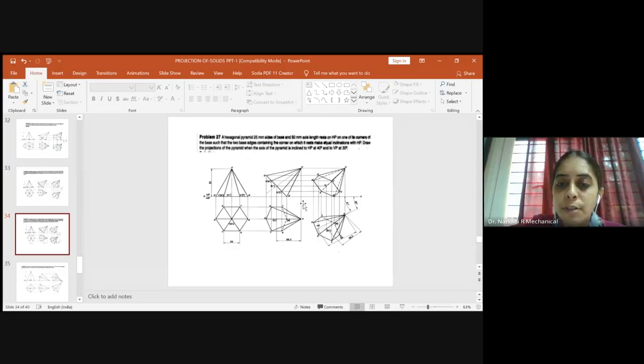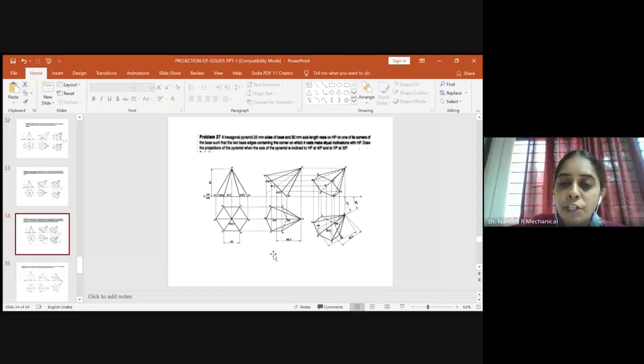So once you shift the given front view from perpendicular axis to inclination of HP at 45, then you have to take the projections down. So please take the projections from each and every point. Okay, so from D dash, C dash, B dash, A dash, O dash, O1 dash.